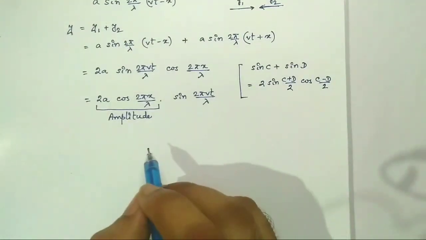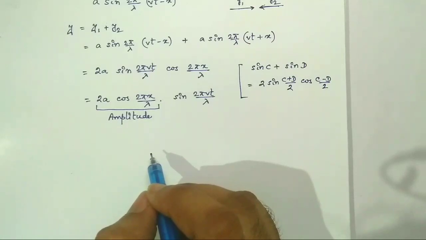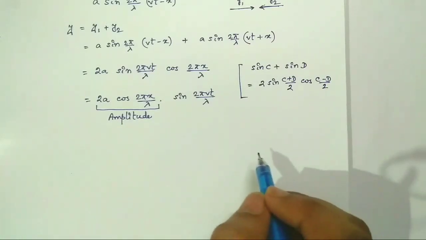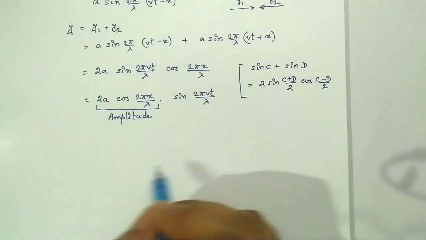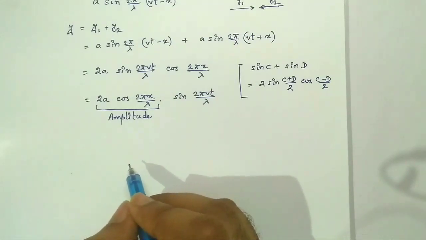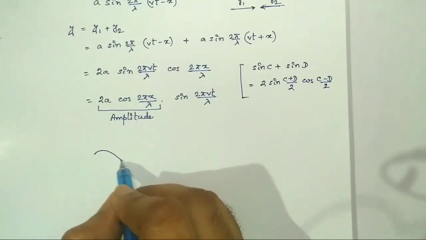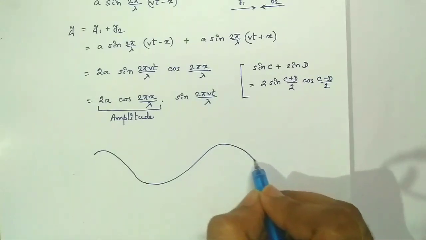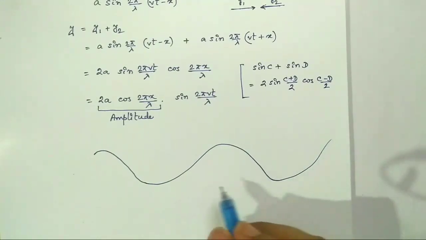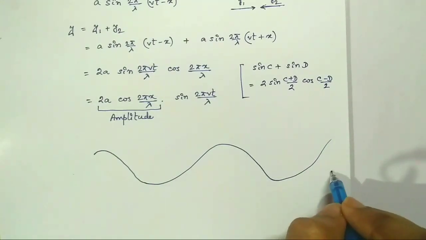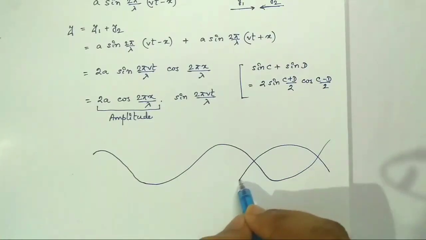Now, the two progressive waves coming from two opposite directions superimpose, that is, the resultant wave will be like this, and the other coming from the opposite side.